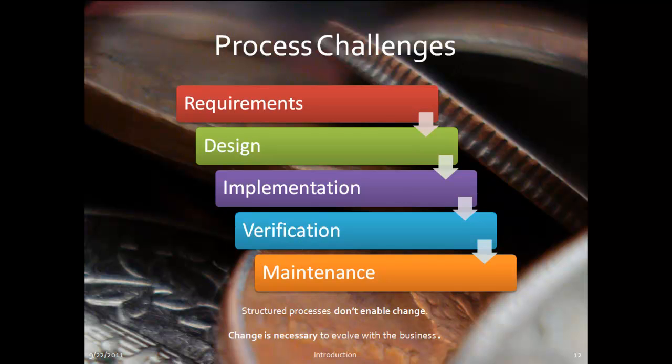One specific reason why IT holds back the business is that the highly structured software development processes, such as waterfall, that were traditionally followed by IT organizations, don't deal well with change. Hence the need for what are known as agile processes.